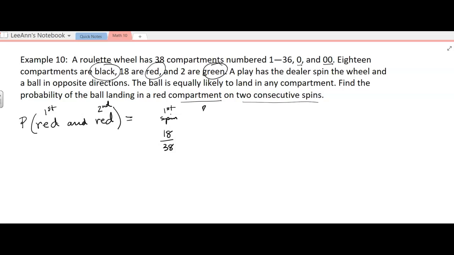And then for the second spin, which is a different spin, it doesn't depend on what you got on the first spin, you have 18 out of 38. Now you can just multiply those and divide, or you could reduce first. So 9 out of 19 times 9 out of 19, which is going to be 81 out of, what's 19 times 19?